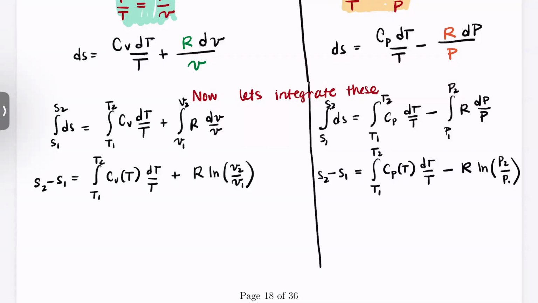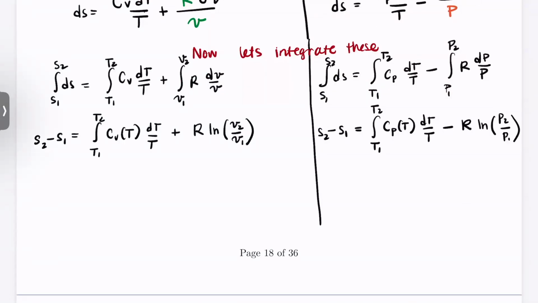Okay. So we can only take this further if we assume that constant specific heat is okay. So this is a big constraint here. So if constant specific heat is okay.